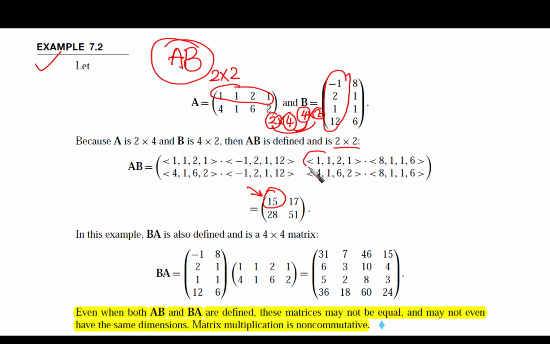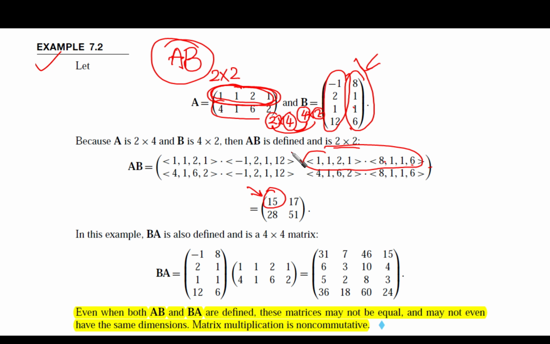Similarly here, you are going to make the multiplication. We have the same row, the first row of matrix A, times the second column of matrix B. So it is 1, 1, 2, 1 times the column 8, 1, 1, 6.